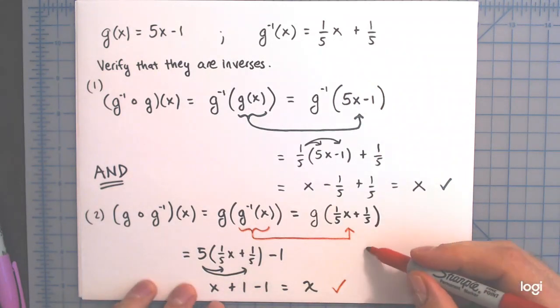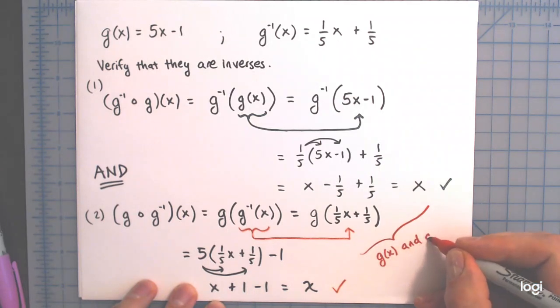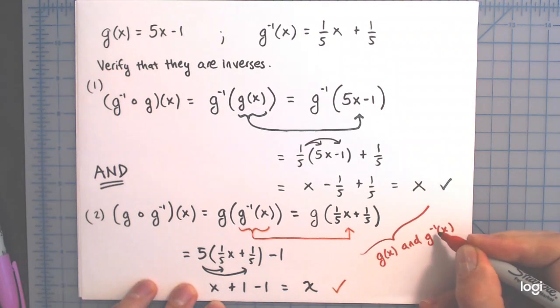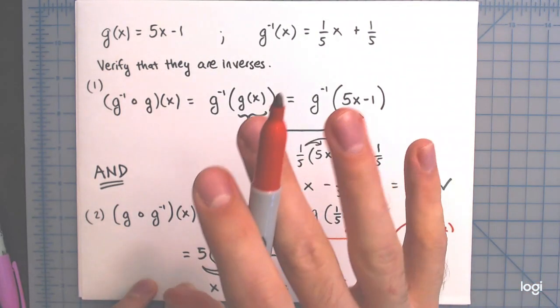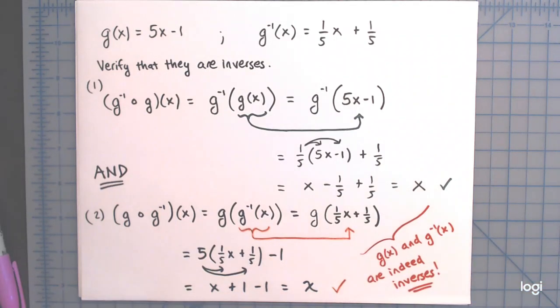So noting both of these things, g of x and g inverse of x, I know I called it the inverse, but now we are truly seeing that they are indeed inverses. Great. And again, you have to do both directions.